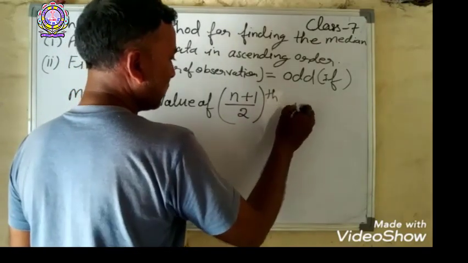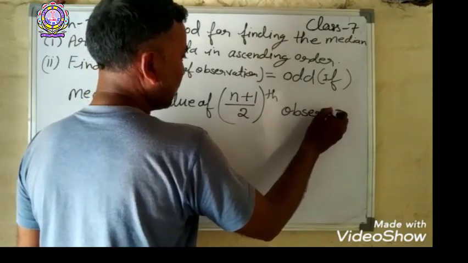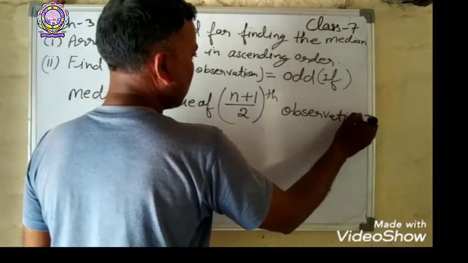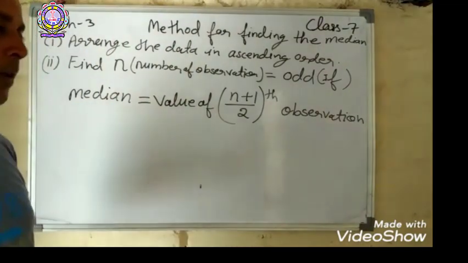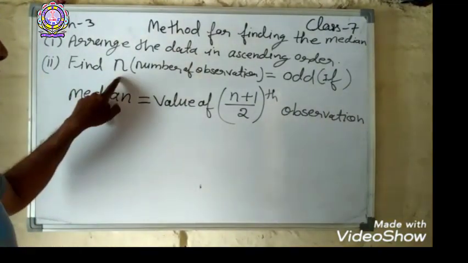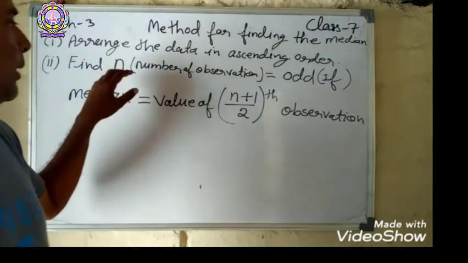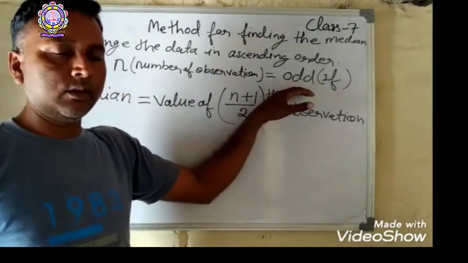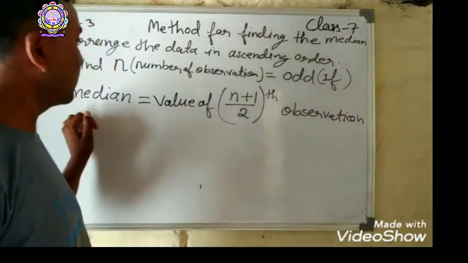Nth observation means first you find n. n means the number of observations. If the number of observations is odd, then we use this formula.